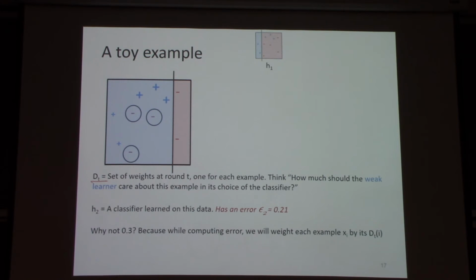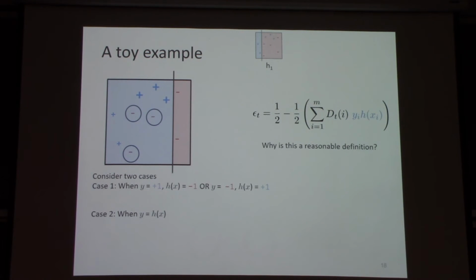Now, this can be written down formally in this form, and we'll tease it apart. This is the definition of error at the kth step. Let's think about what this means. If the true label is 1 and the prediction is -1, this product here is negative. In both cases, yi times h of xi equals -1.